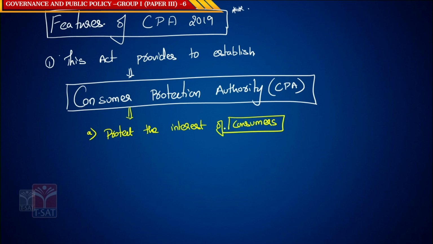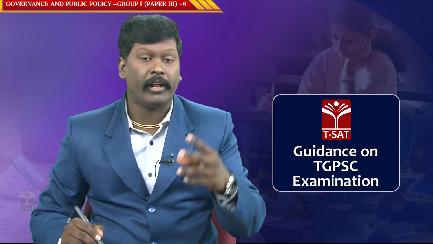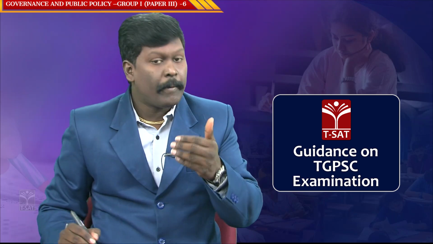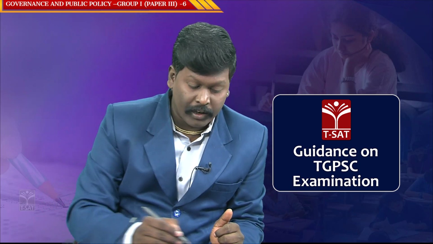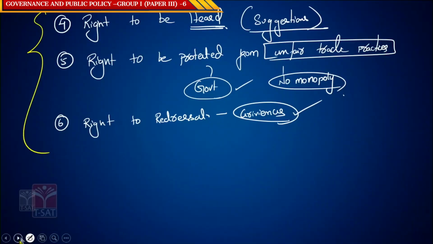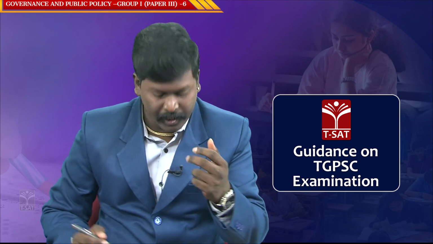By promoting and enforcing the rights of the consumer. It protects the interest of the consumers by promoting and enforcing the rights. What are the rights? We have discussed these are the 6 rights. All the 6 rights are enforced by the Consumer Protection Authority.